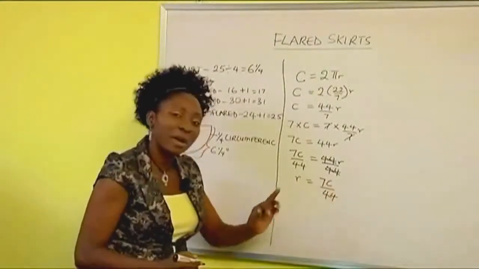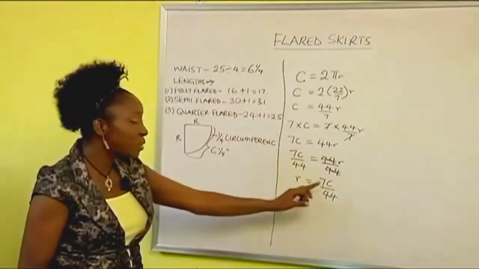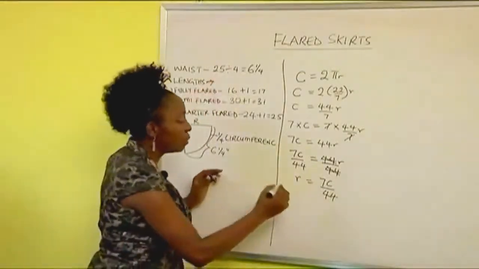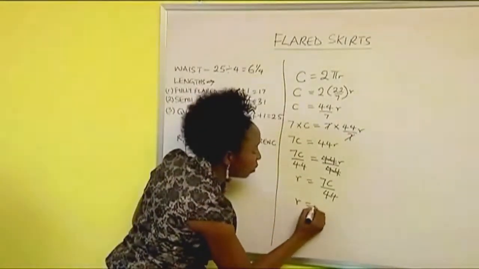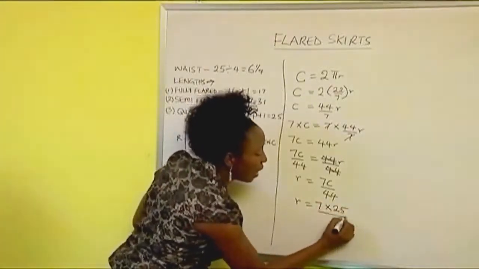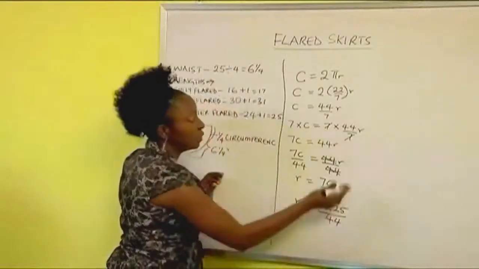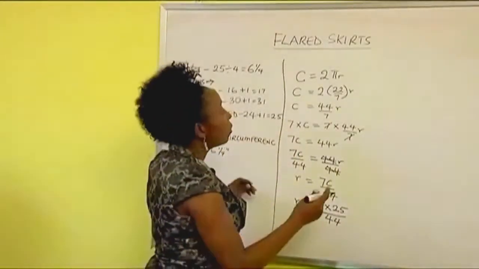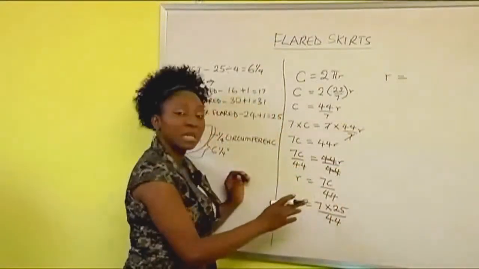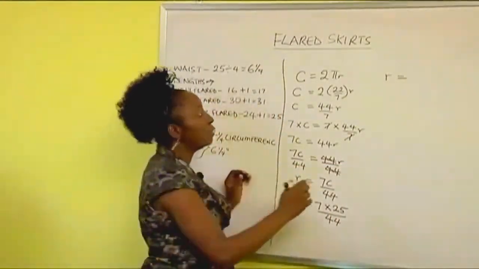Now once we've done this, we already know that yes, this is r. So now I know my C. So all I have to do is substitute C with my measurement, which is 25 inches. So that will give me r equals 7 times 25 divided by 44. Let's go back up here. That will be r equals, if we calculate 7 times 25, you get 175.